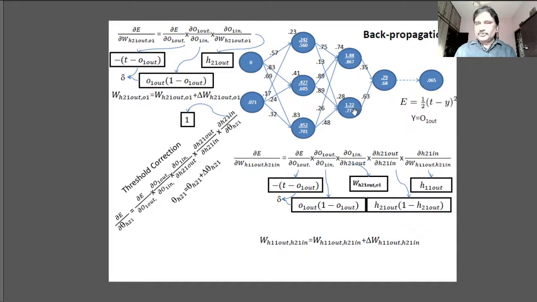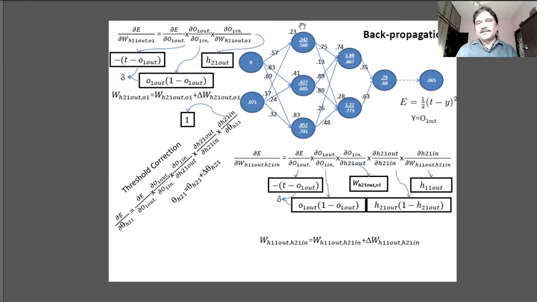So what you do, you multiply this delta by this weight and this delta by this weight, and sum them. You make the sum of this delta and w coming from this side and coming from this side, and to that you multiply the H out into 1 minus H out. In this case it will be H11 out into 1 minus H11 out.